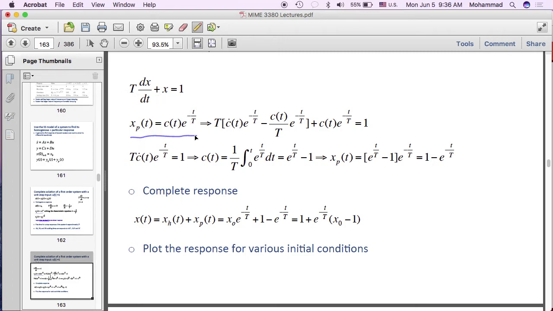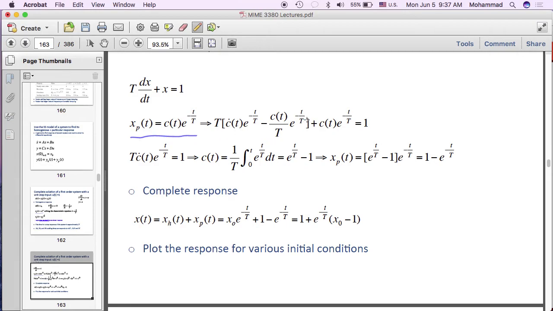So let's go ahead and together find x dot. If x particular is this, the time derivative is a multiplication of two time functions. It would be c dot times e to the power minus t over capital T, minus c times the derivative of this, which is 1 over T e to the power minus t over T.